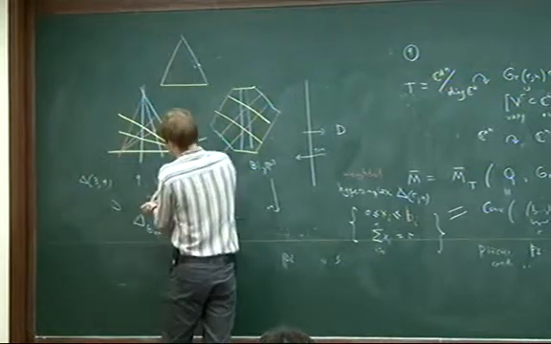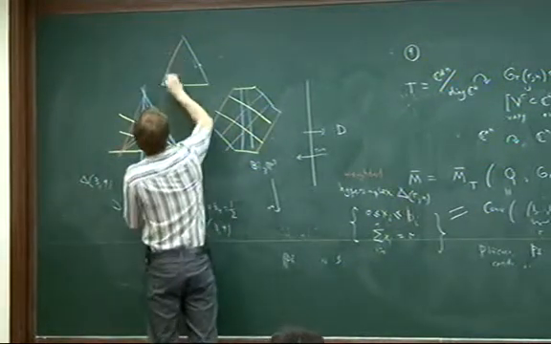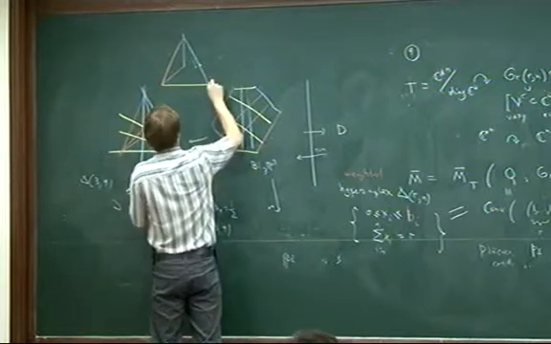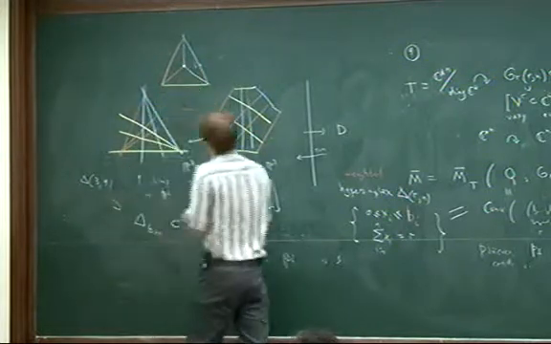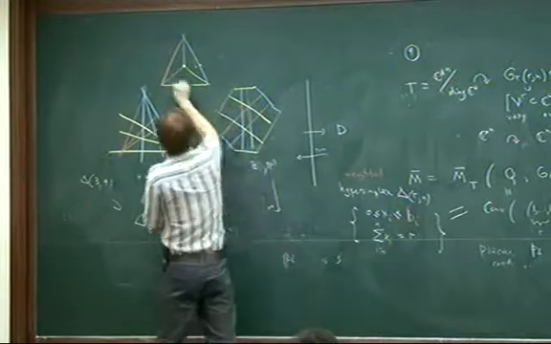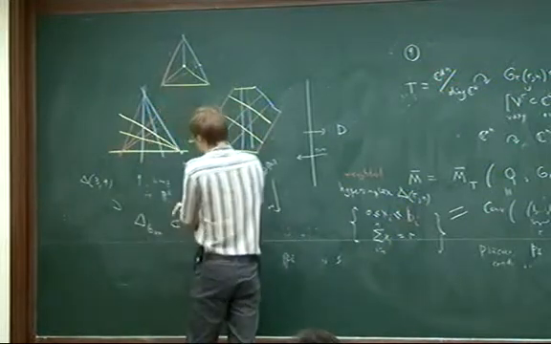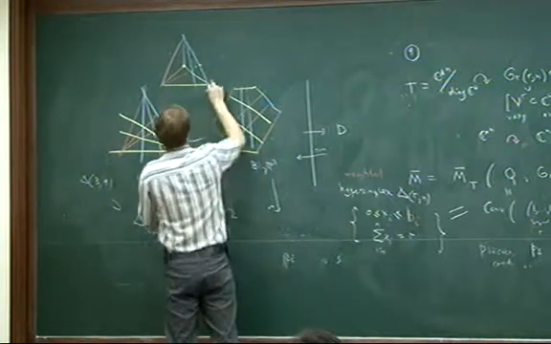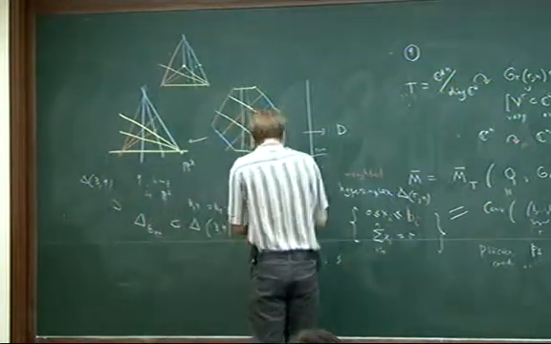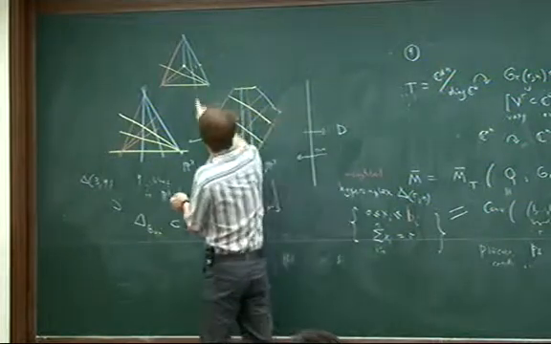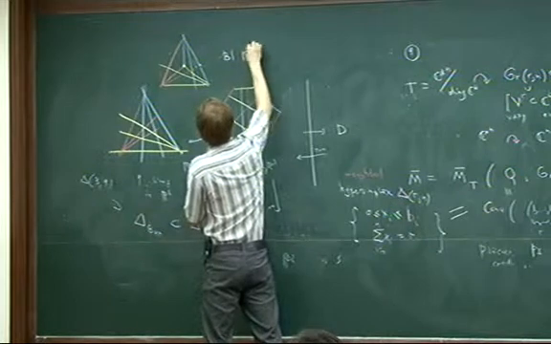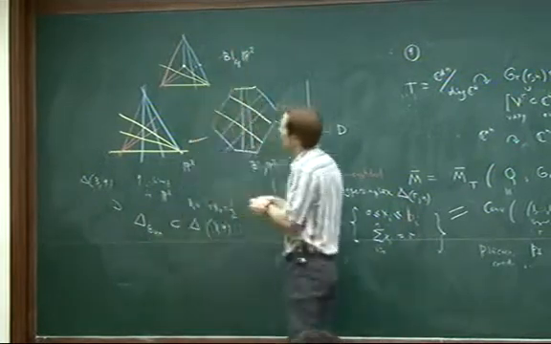For example, a configuration in which this red line and this blue line and this yellow line pass through 1 point. Then the surface that we begin with is not the blow up of P2 at 3 points, but the blow up of P2 at 4 points.